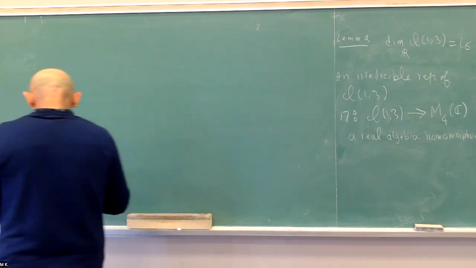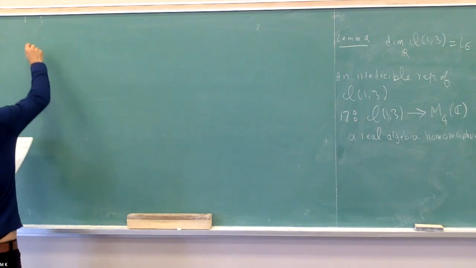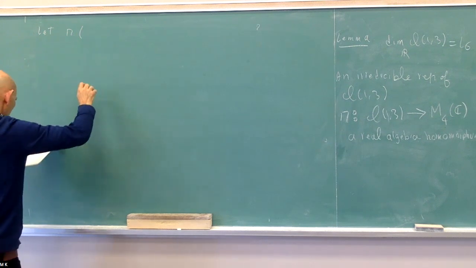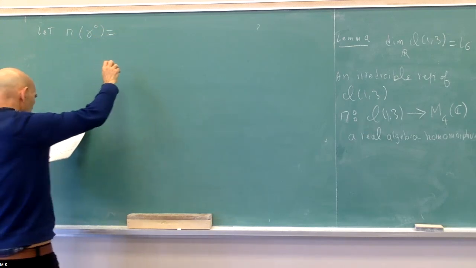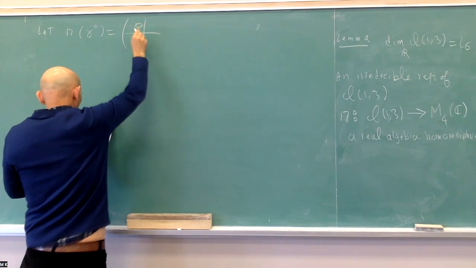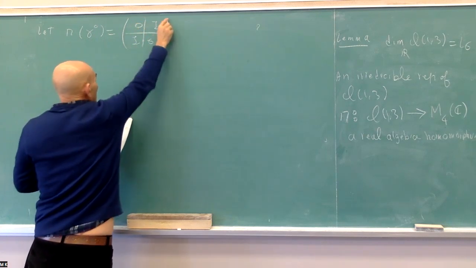Okay, so let pi of gamma 0 be equal to the following 4x4 matrix: 0, 0, identity, identity.